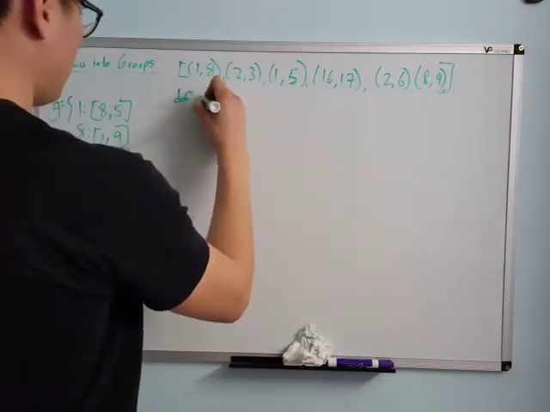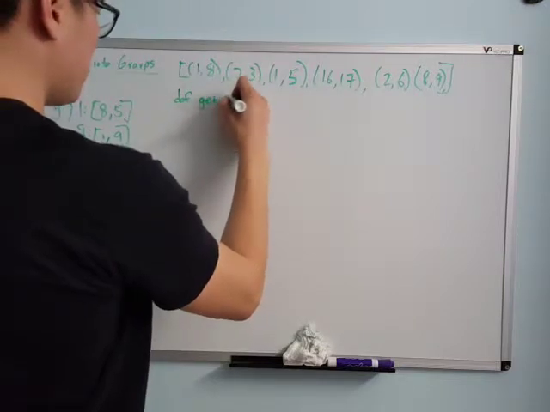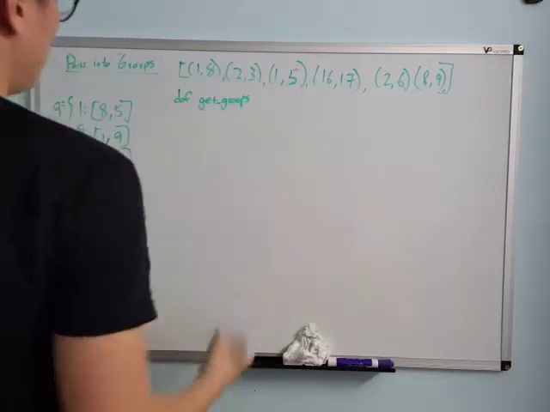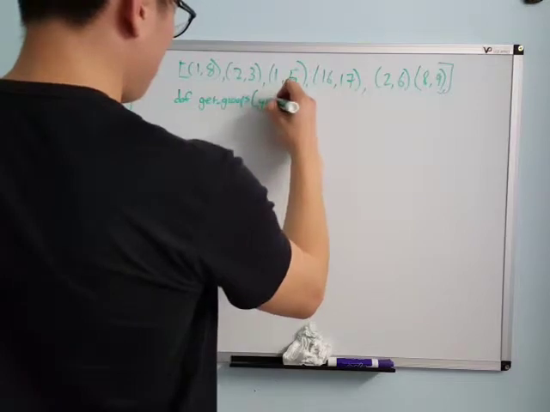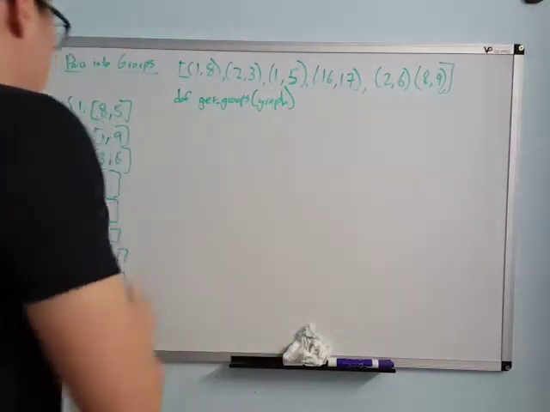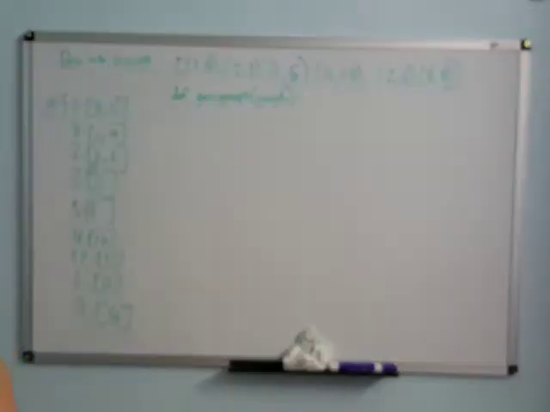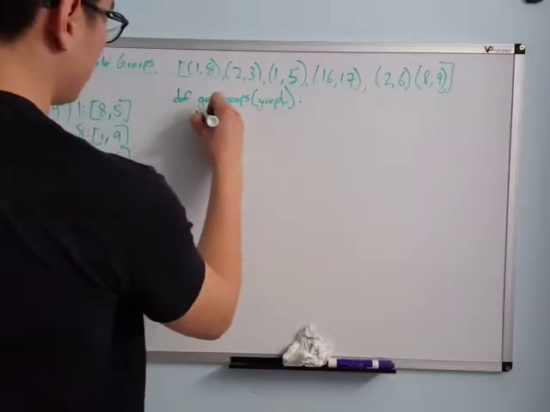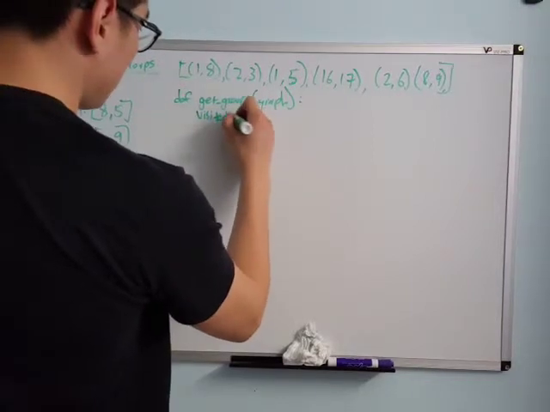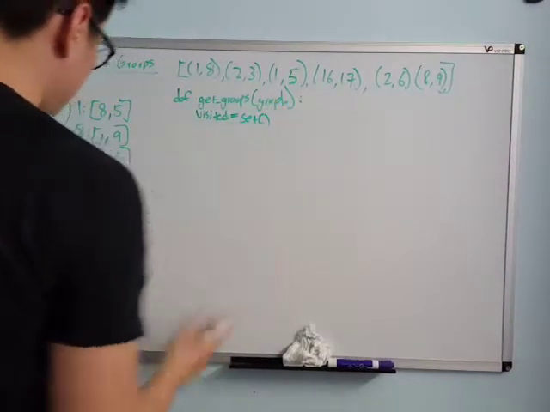Define get_groups, right? And then we have some graph. We're only visiting a certain node once, right? Yeah, I think it does make sense to keep track of a visited set. Call it visited is equal to a set.